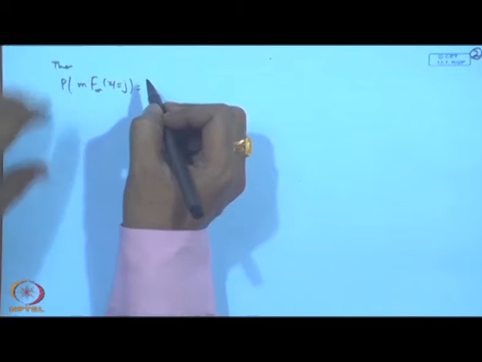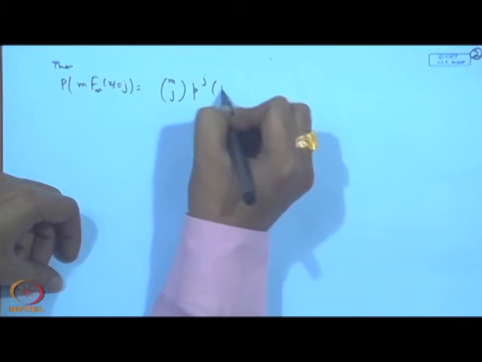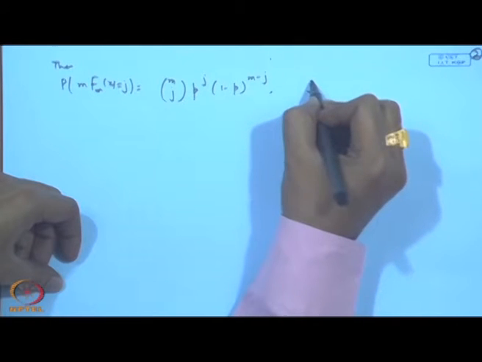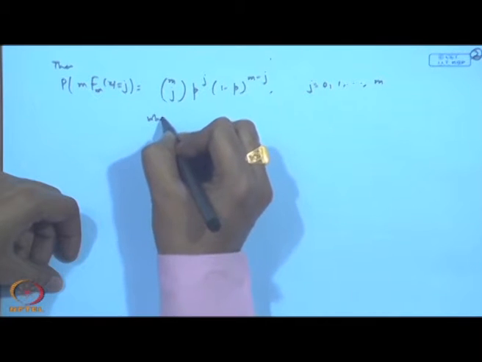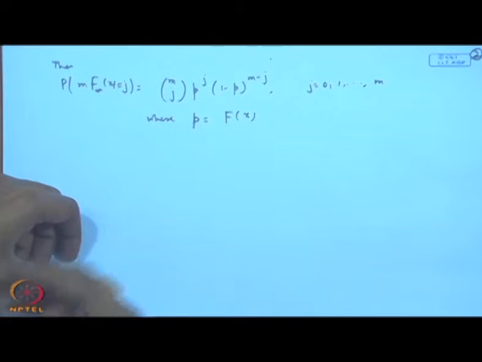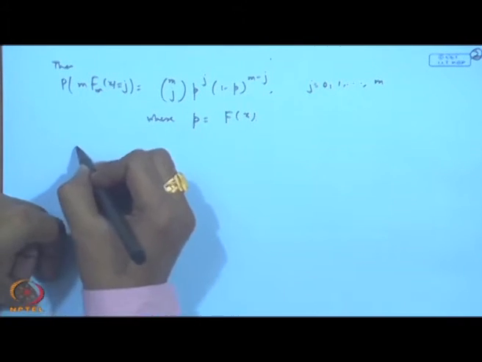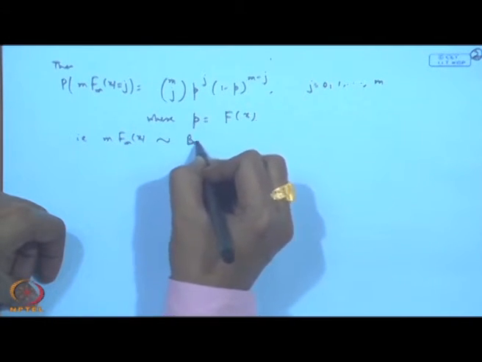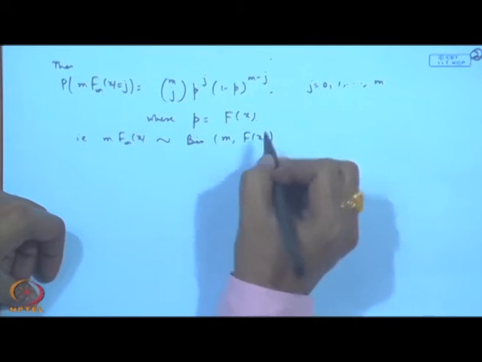This will simply become equal to m C j p to the power j times 1 minus p to the power m minus j, for j equal to 0, 1 to m, where p is nothing but F(x) here. So, we are actually able to derive the distribution of the empirical distribution function. That means, we are saying that m Fm(x) is nothing but binomial(m, p), that is F(x) basically.